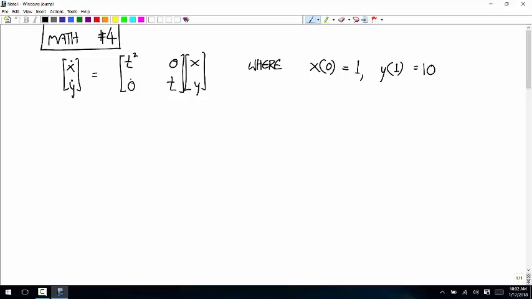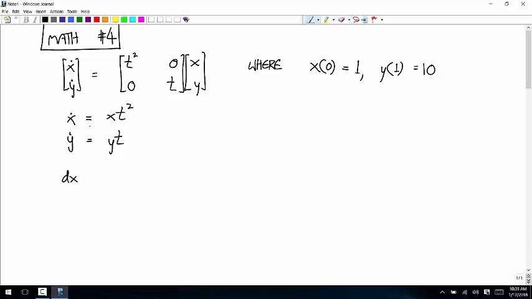So I can multiply out this matrix and rewrite this as a system. x dot is equal to x t squared and y dot is equal to y t. And so I'll do the x one first. So dx dt, well, I'm going to separate variables.